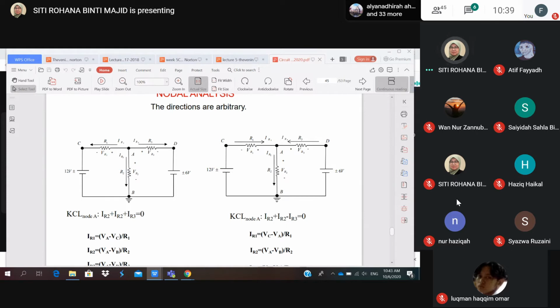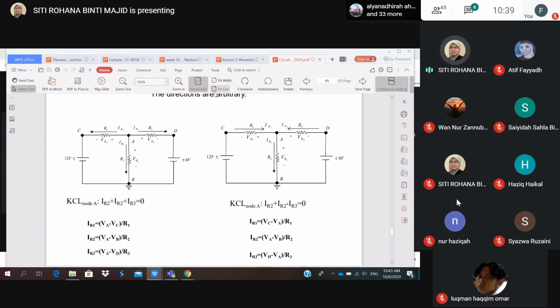Okay, so I show you what arbitrary means for this simple diagram, in which we have 12 and 6 volts, and we have point B as the ground, and we have a point where the current can be scattered, which means we can designate that all the current is out of the node.